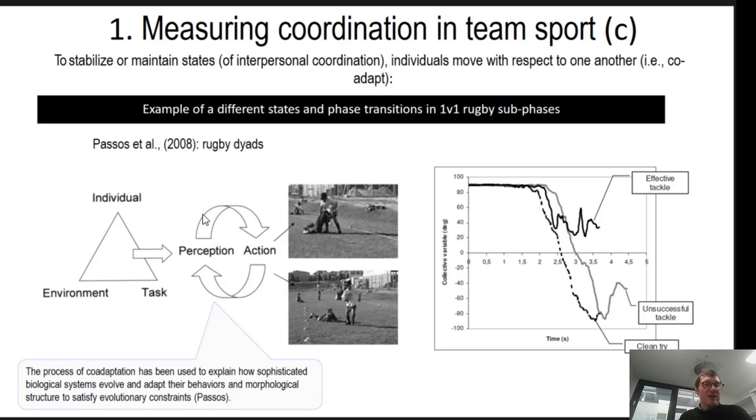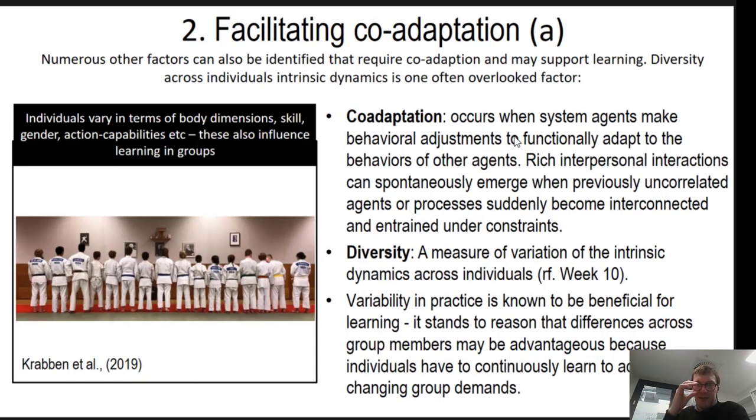Maybe if the task is super easy for an attacker, and so there's no real co-adaptive information there, just because perhaps the defender is not so good, you might create a smaller, narrower channel so that the defender has a bit more of an even playing ground, and it forces the attacker to pick up on this, managing that relationship more carefully. So facilitating co-adaptation, ways in which we can manipulate constraints in order to help this process along, so that we can facilitate learning.